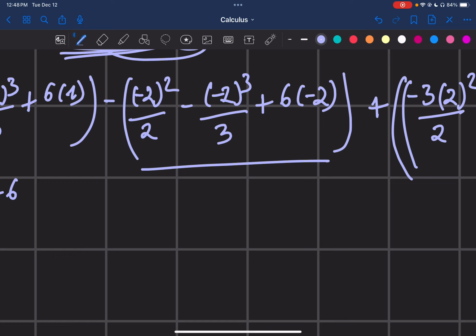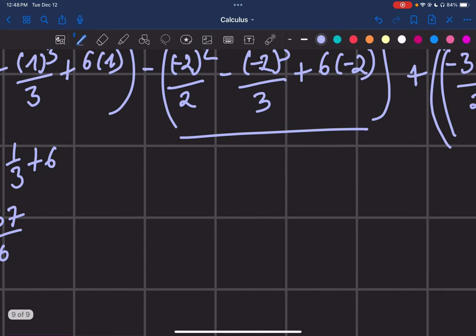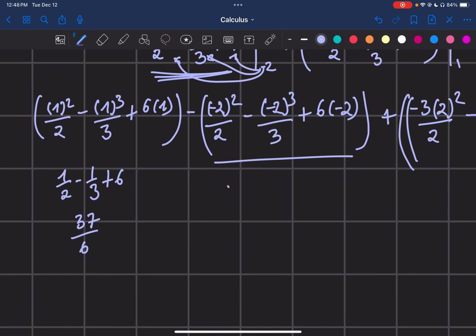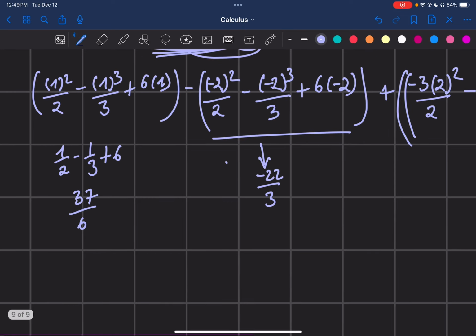So divided by 3 here, and plus 6 times -2. So this gives me here -22 over 3. So I can of course subtract them from one another.